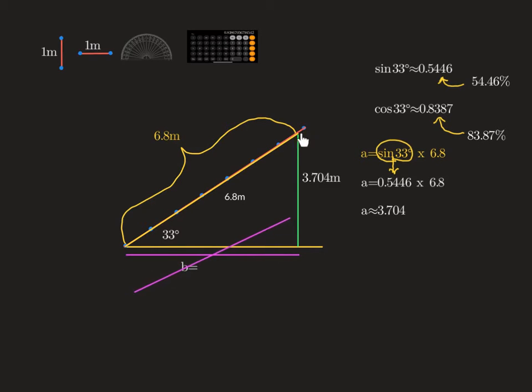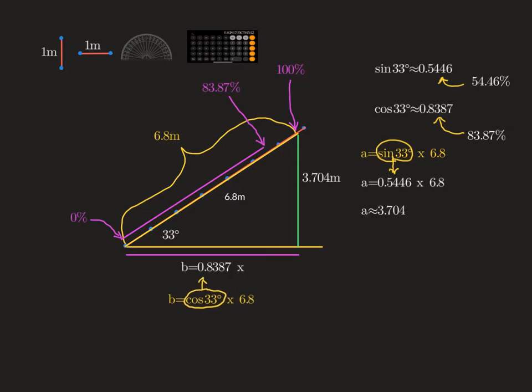So you see it's a little longer than the height. So just multiply that percentage by the length of the ramp to that point, and you've got yourself the length of this. In this case, the length across for the whole ramp will be 5.703 approximately.